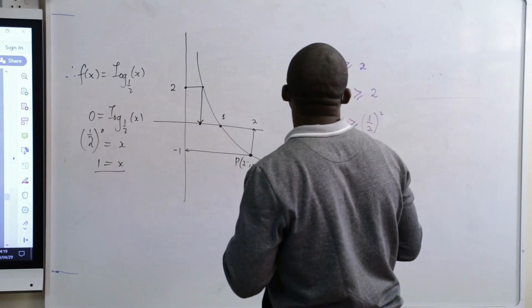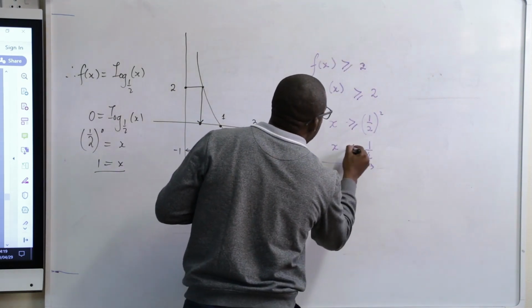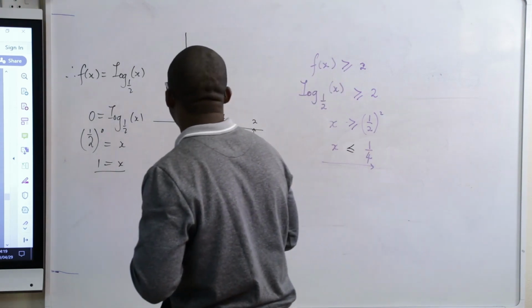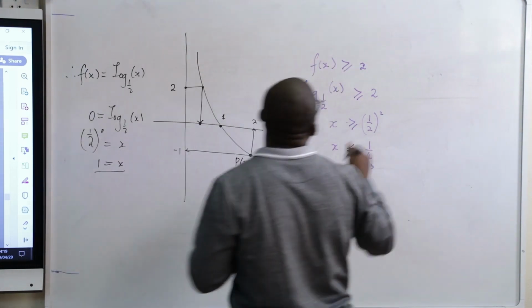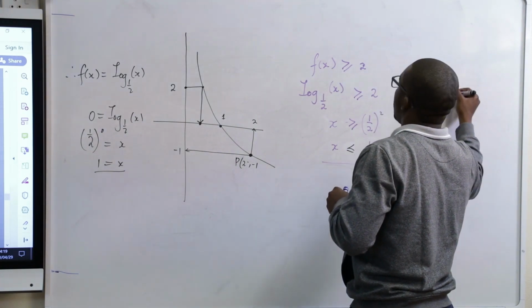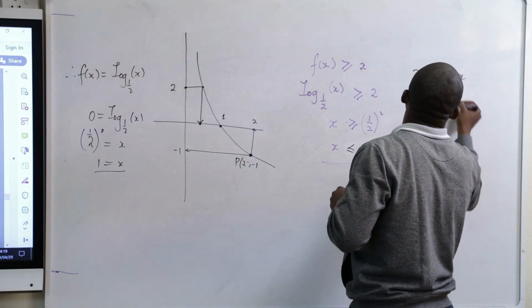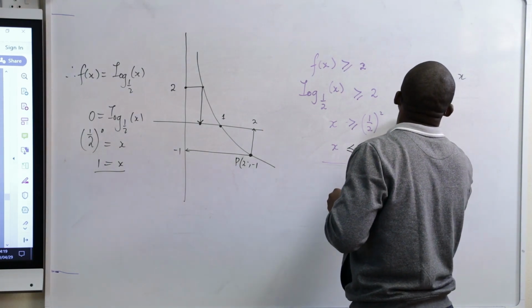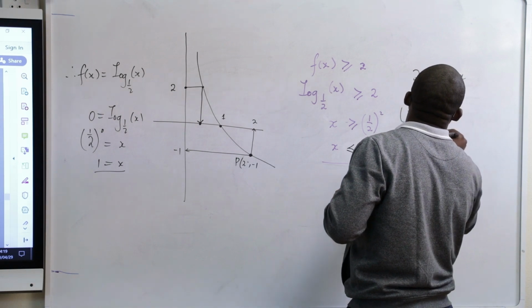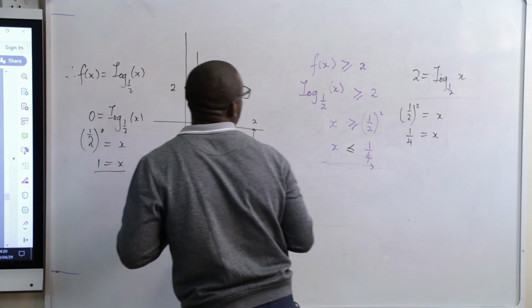So if it's going to be above 2, x had to be less or equal to. So 2 is equal to log to the base of half of x. And this had to be half squared is equal to x. X is equal to 1/4, which is the point you're going to get there.